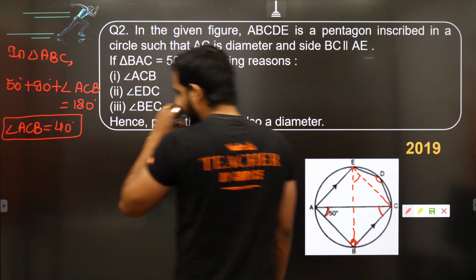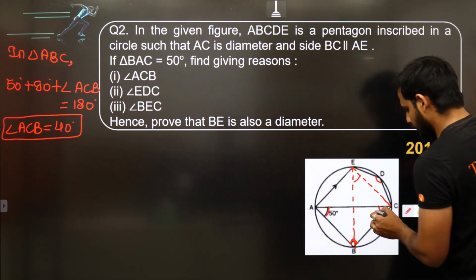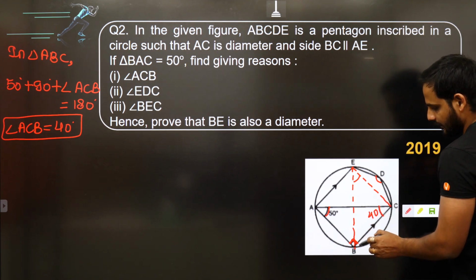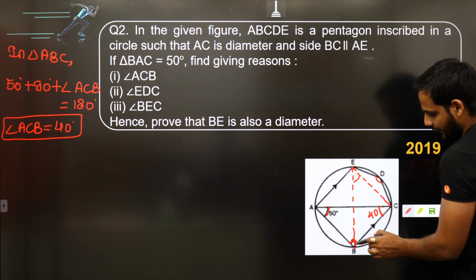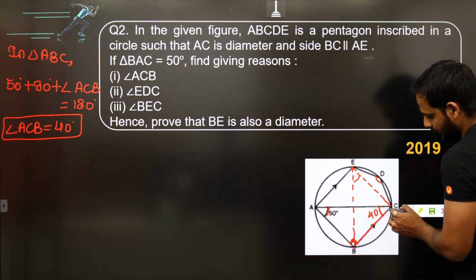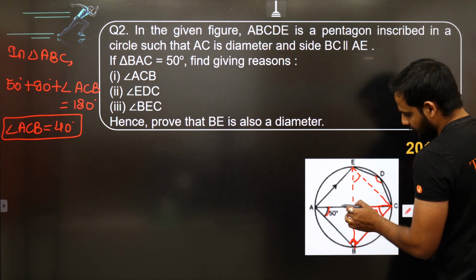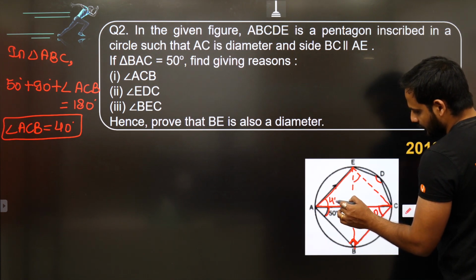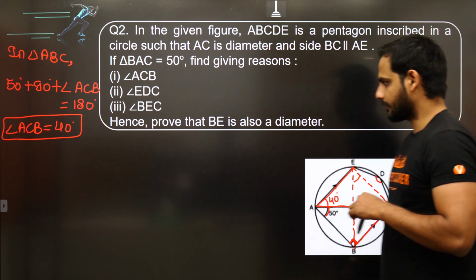Angle ACB we have got equal to 40 degree. If it is 40 degree, beta, you can see very clearly by interior alternate angles, look at this part and this, this will also be 40 degree.